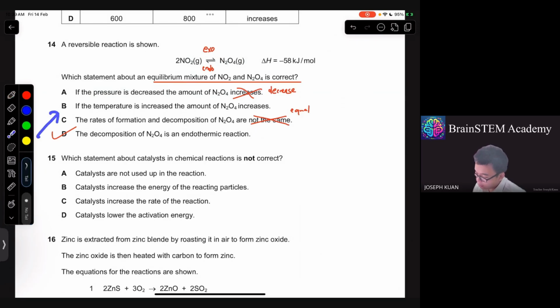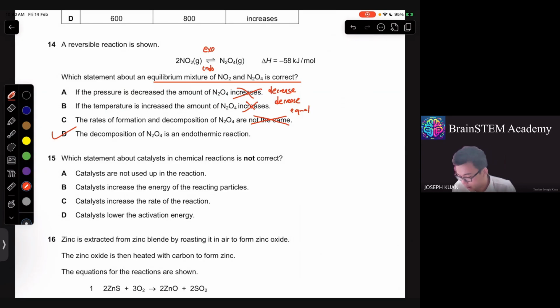And for B, if the temperature is increased, it will favor the endothermic reaction, which in that case is also the backward reaction. So the equilibrium position shifts to the left, so the amount of N2O4 formed should decrease instead.